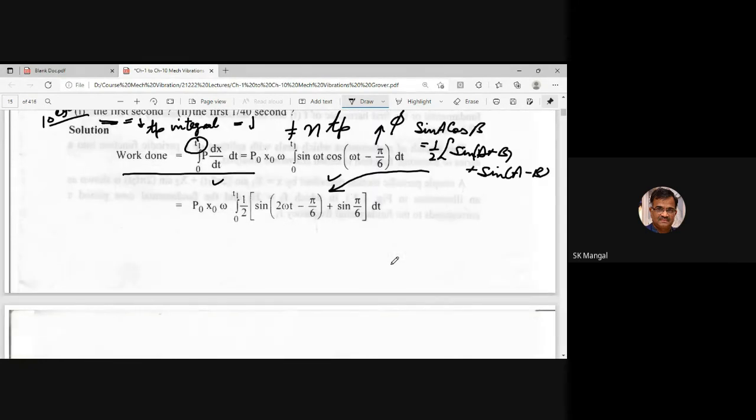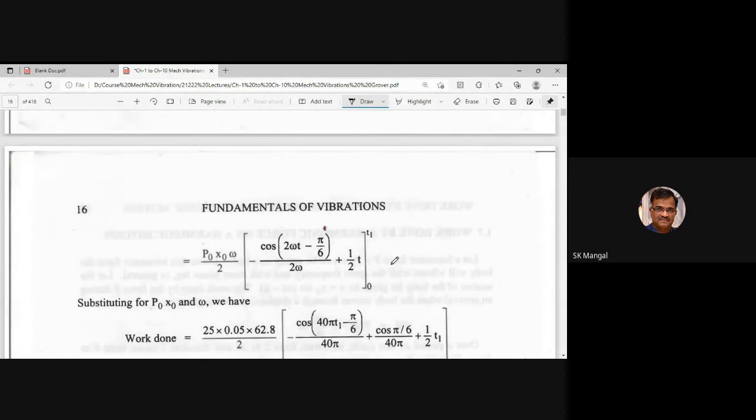So again you can solve this equation and you get the work done for some time value t1 here.